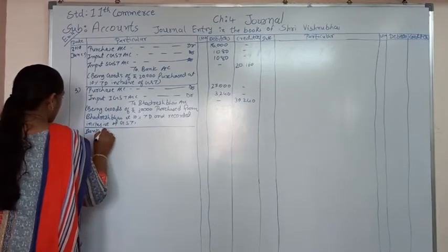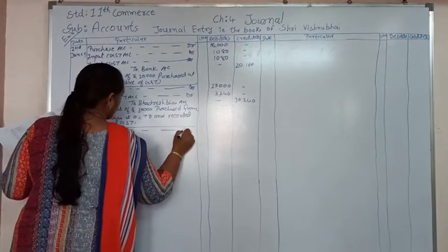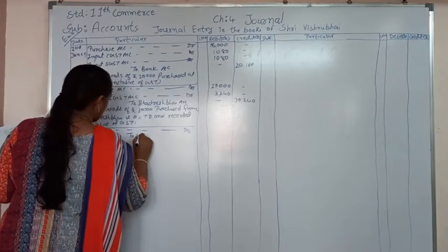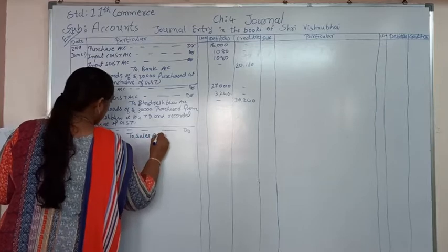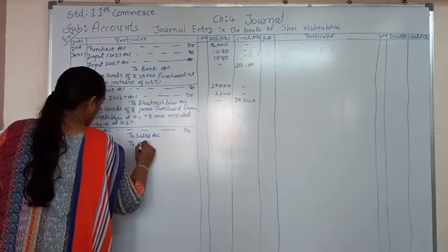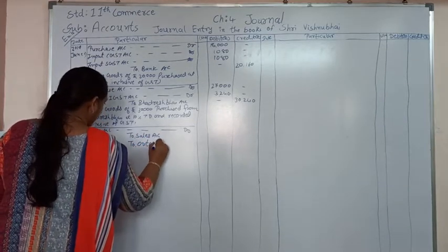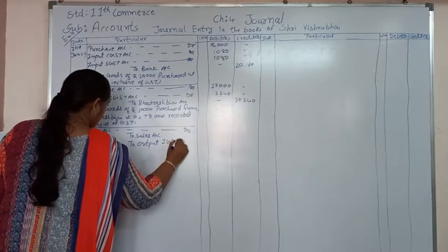Bank account debit to sales account, to output IGST account.